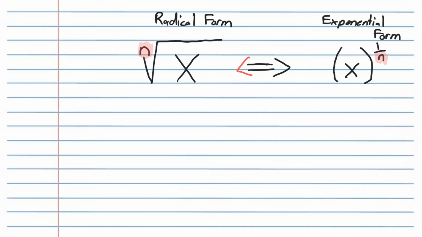Because we want to be able to go to both formats. The key again, a little side note, is that the index, that little n number, becomes the denominator, which is the bottom part, of the exponent.